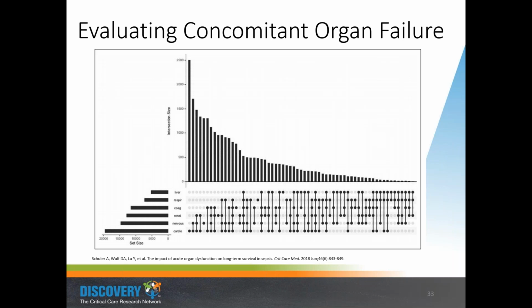So for this first bar on the top axis, those are patients who just had isolated cardiovascular dysfunction. The next is those who had cardiovascular plus nervous system. The next, cardiovascular, nervous system, and renal. And this gives you a sense at a quick glance that patients with sepsis, which we all know, present with all these different kinds of organ dysfunction.